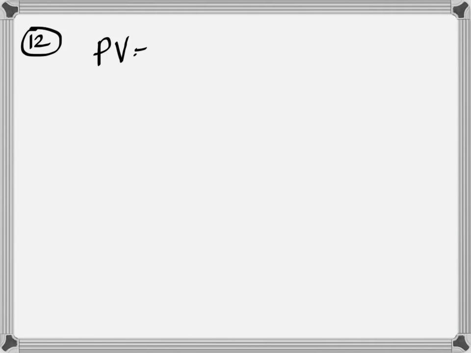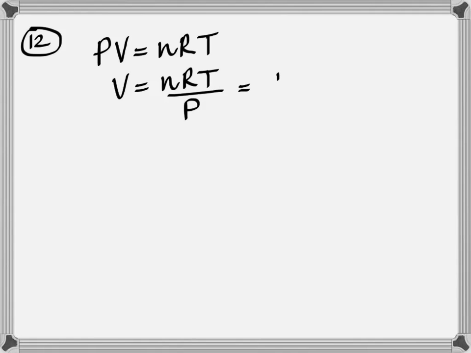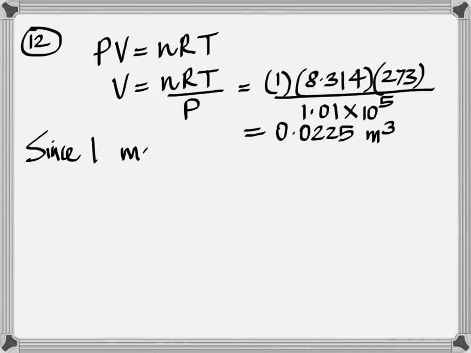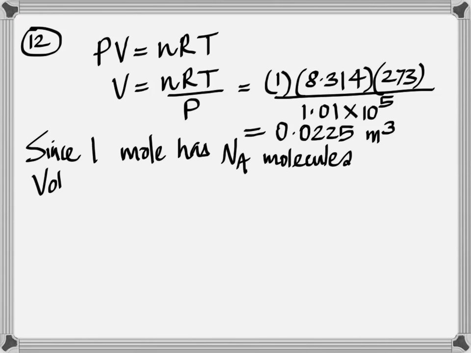12. Make volume the subject in the ideal gas equation. 1 mole, atmospheric pressure, 0.0225 meter cube. And 1 mole has the Avogadro number, which is 6.022 times 10 to the 23.